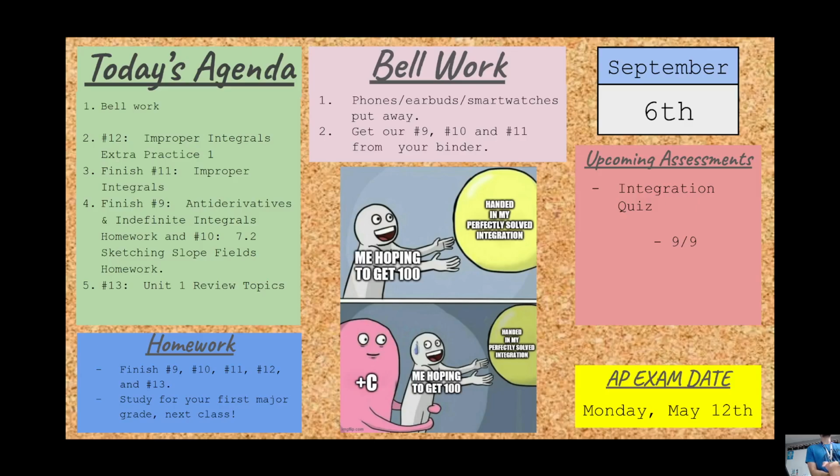If you feel like you need extra practice on integration by parts, take advantage of those 2 Khan Academy links. If you feel like you still need practice on improper integrals, take advantage of its Khan Academy link. That's completely optional, but you personally know what your weaknesses are, and obviously it's better to get that practice in before the quiz than after the quiz.